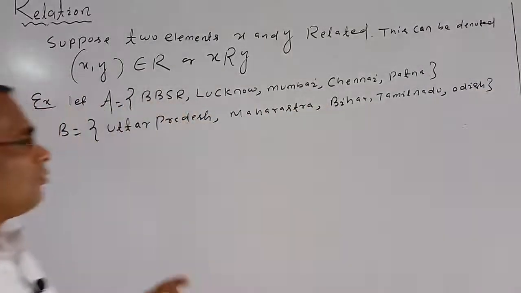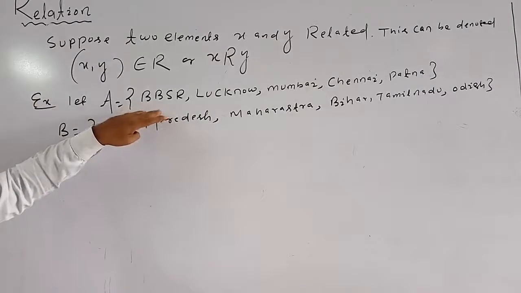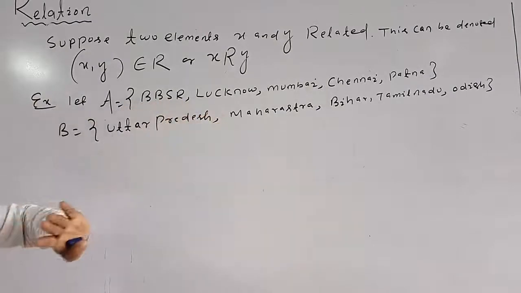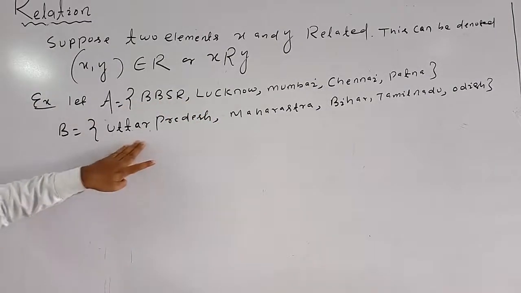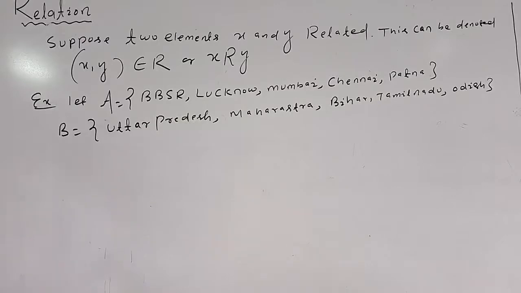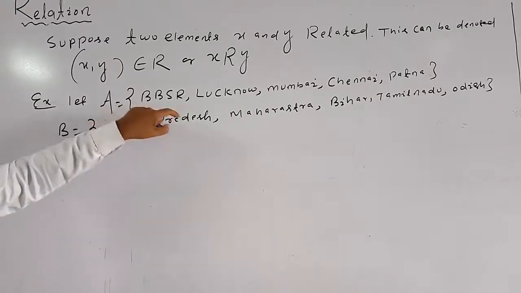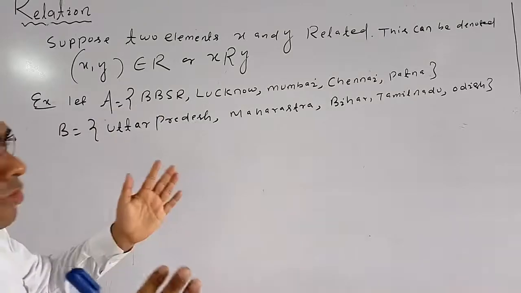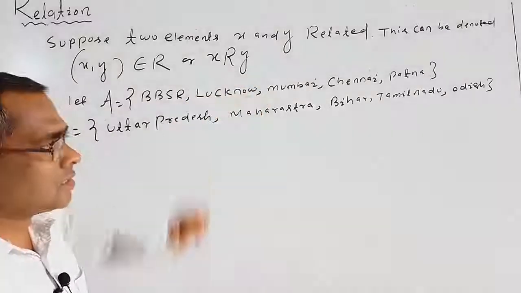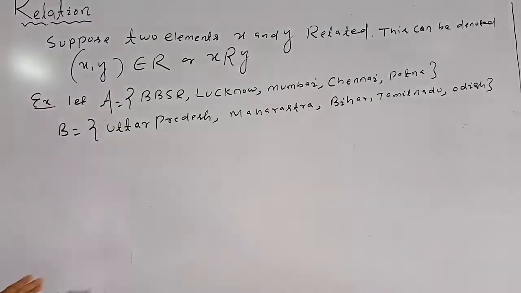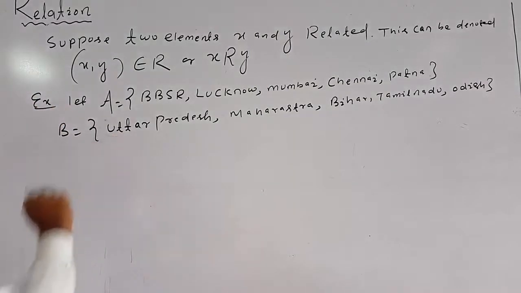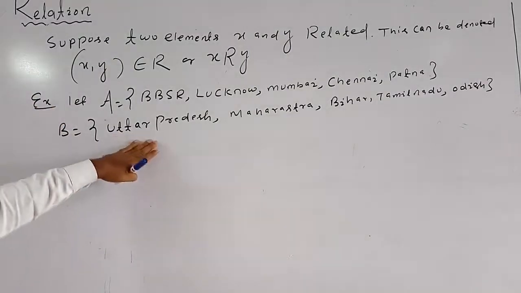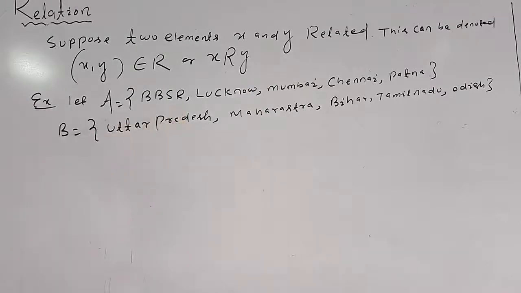So here how many elements are in set A? There are 5 elements. How many elements in B? There are also 5 elements. In set A these are the capitals of some states in India, and set B is the names of states in India.